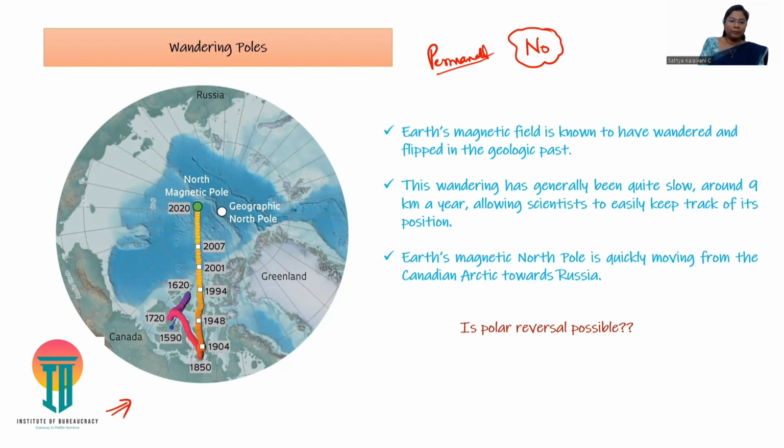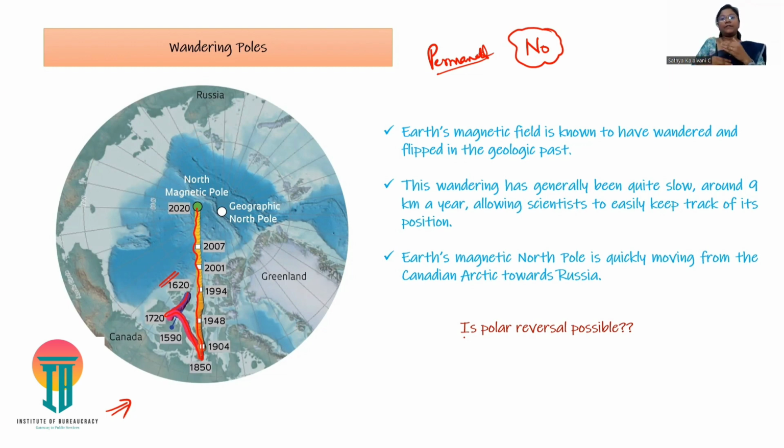From the year 1620 we can trace how my north pole is moving, and presently where it is. Presently the north pole is off the coast of Canada. So it is a wandering movement, it is not fixed. The poles are shifting. It is always shifting. Why? Because the changes happening in the Earth's interior are the causative factor.